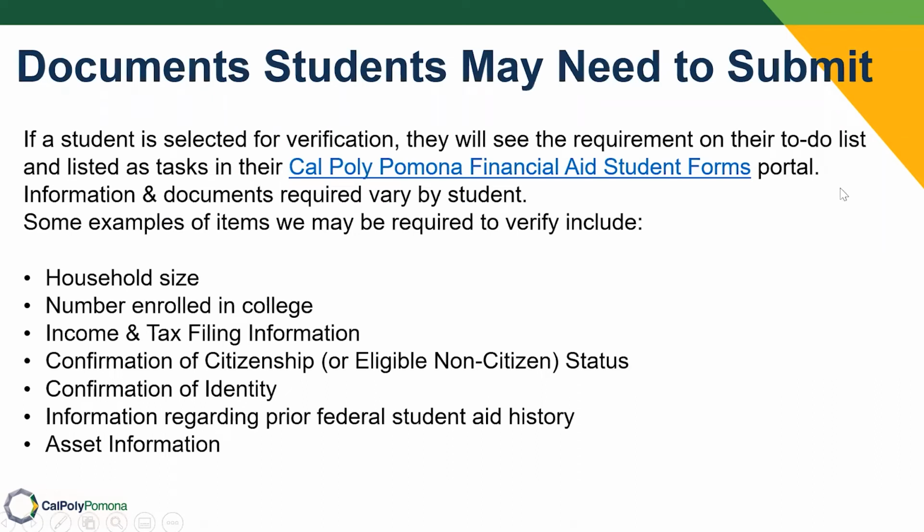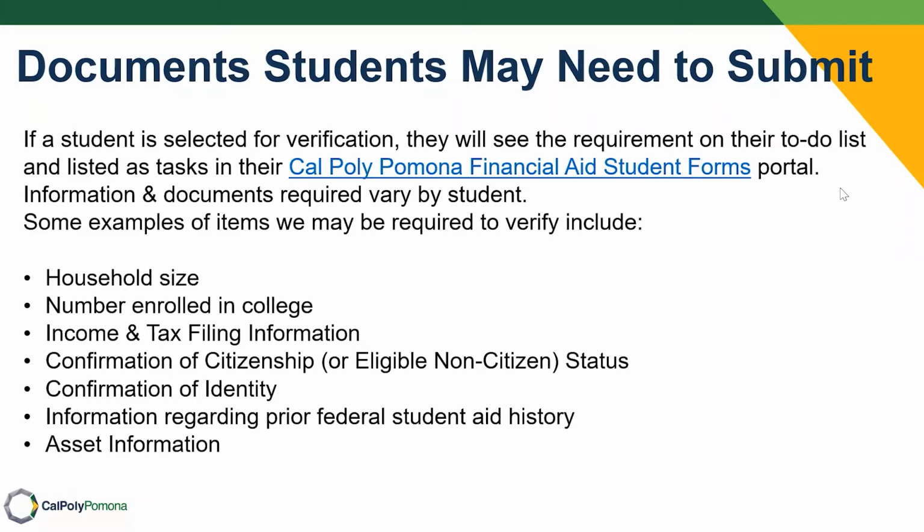What you may find is that after you've completed your financial aid application, you have requirements on your to-do list. Those requirements will direct you to our student forms portal. That means you were likely selected for what's called verification, and we need to confirm that the information you posted on your financial aid application is correct.